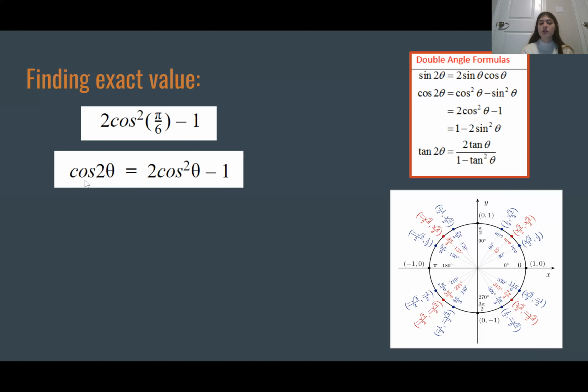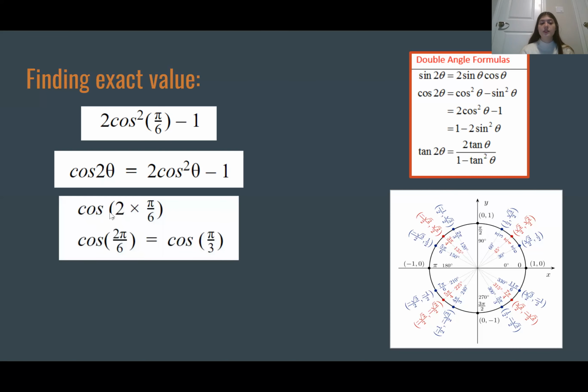So all we have to do now is plug pi over 6 into theta. We've got cosine of 2 times theta, so 2 times pi over 6, which is 2 pi over 6. We can simplify this by dividing both the numerator and the denominator by 2. The numerator becomes just 1 pi, and the denominator becomes 6 divided by 2, which is 3. So we get cosine of pi over 3.